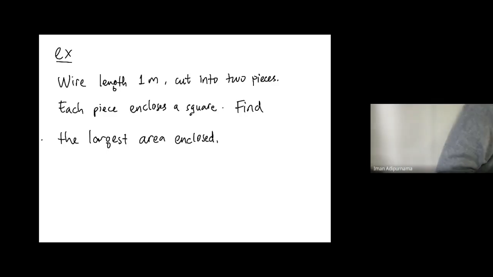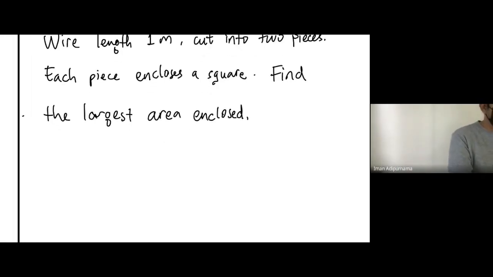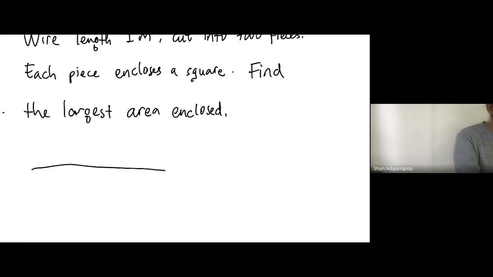Okay, maybe helping you with the drawing. Let's say this is the wire. The wire will be 1 meter, so 0, 1, right? And then cut, maybe here. So this will be x, and this will be 1 minus x.